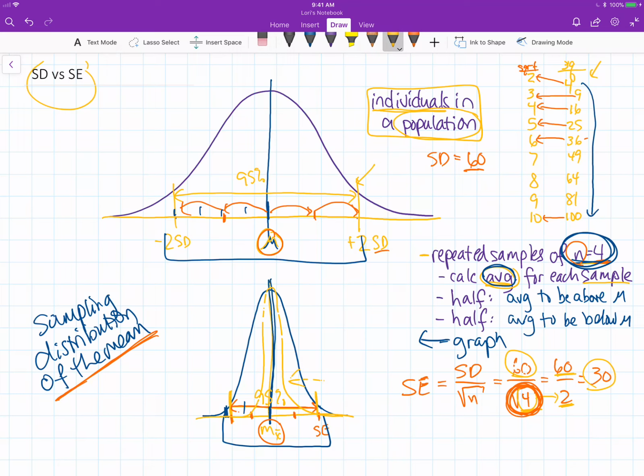So with increases in sample sizes, we get more and more sure of our results. As sample size goes up, an increase in n leads to a decrease in standard error. So standard error goes down, it gets narrower. That sampling distribution of the mean gets narrower and narrower.